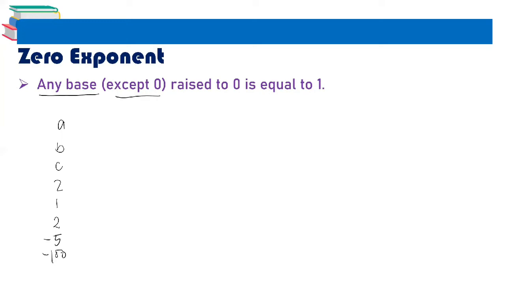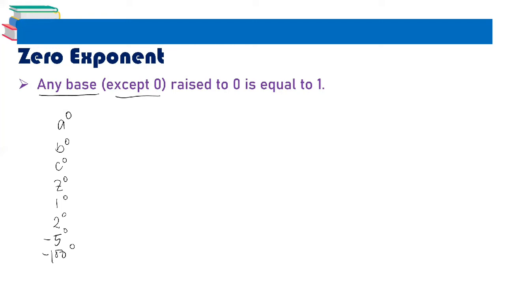So, any integers or any variables except 0 which is raised to 0, kapag yan ay raised to 0, ang exponent niya ay 0, the answer will always be 1.